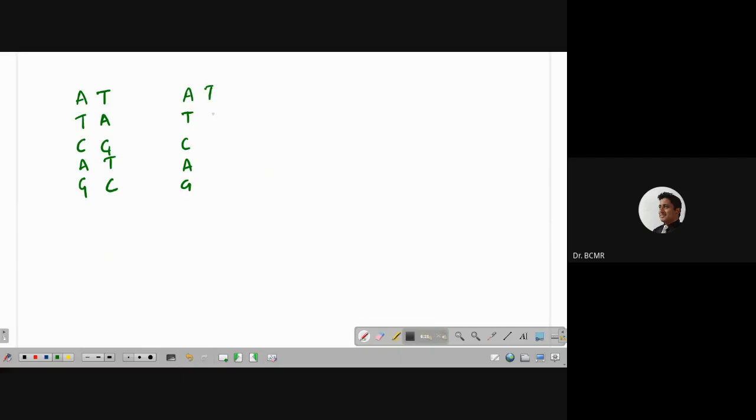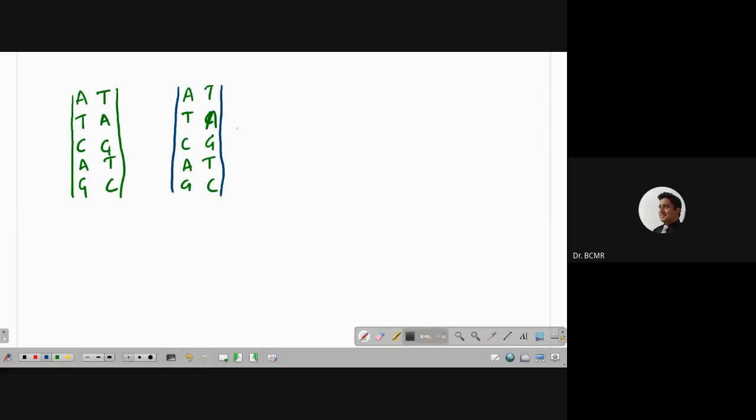So the complementary strand will be this way, right? Now assume that this is one DNA molecule and there is another DNA molecule. I'll try to use a different color for ease.